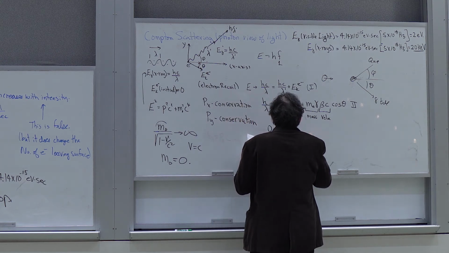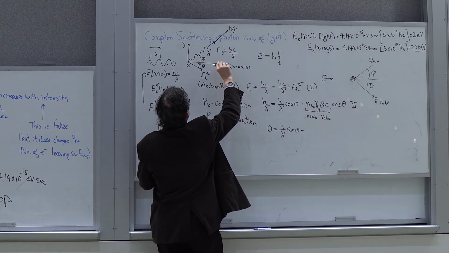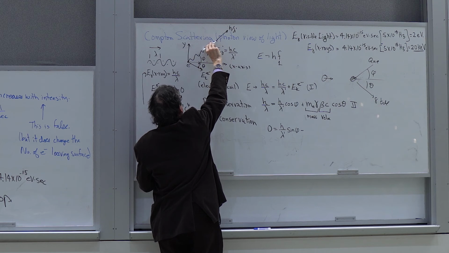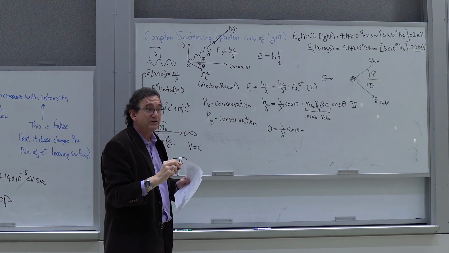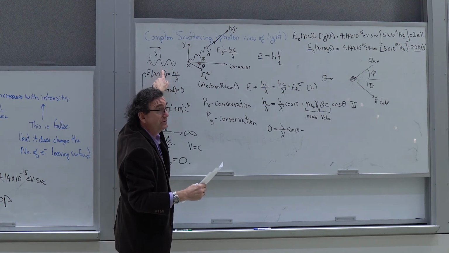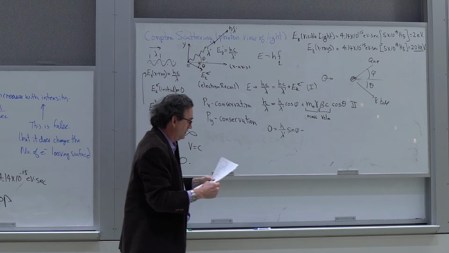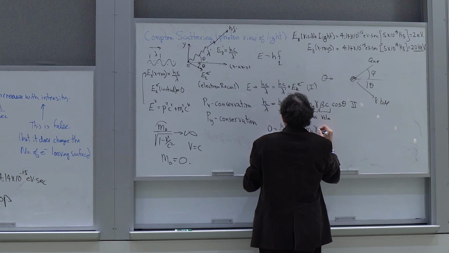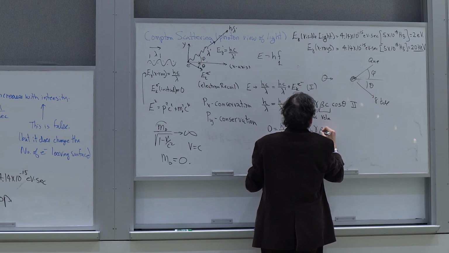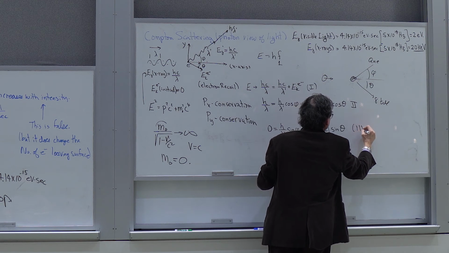And then the recoil electron. Notice that if the photon gets a y component in the upward direction, the electron has to have a y component in the negative direction because the two have to balance, since it was 0 before. Right? 0 before is equal to the sum of these two, and those components have to add up to 0. So I get the same thing, which is me times gamma times beta times c times the sine of theta.